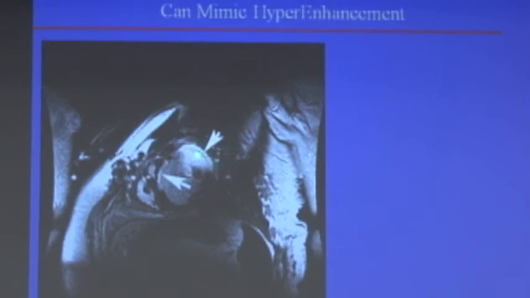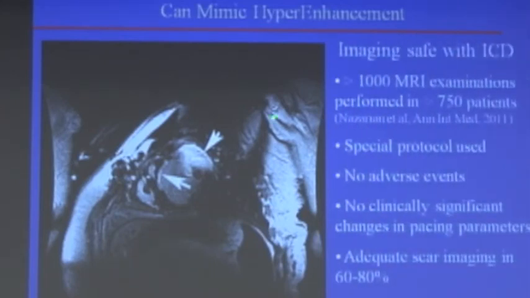And in fact, this area here in the heart, this kind of white area, looks like hyper-enhancement, but it's not. And this area here looks like hyper-enhancement, but it's actually not. And if you look at other views, the hyper-enhancement kind of disappears. But in fact, this is only a problem in really about 20 or 30% of patients. Most patients with ICDs, the cardiac exams look fine.